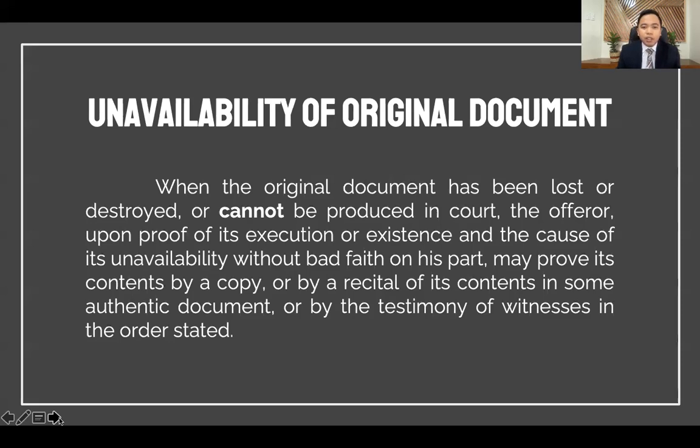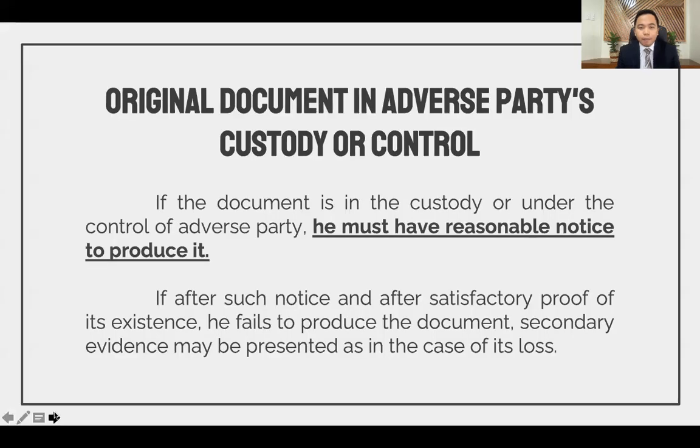Now, when the original document has been lost or destroyed or cannot be produced in court, the offerer, upon proof of its execution or existence and the cause of its unavailability without bad faith on his part, may prove its contents by, one, a copy, two, a recital of its contents in some authentic document, or three, by testimony of witnesses in the order stated. Okay?